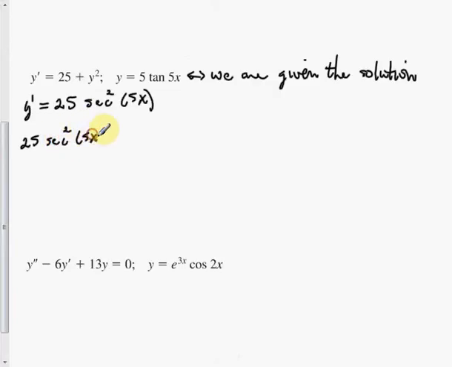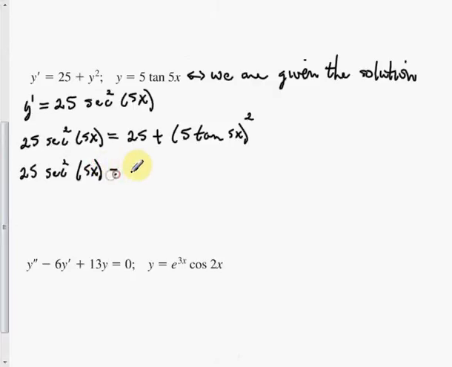So we have 25 secant squared 5x. Is that equal to 25 plus the y squared, which is 5 tangent 5x, all squared? So we get 25 secant squared 5x is equal to 25 plus 25 tangent squared 5x.